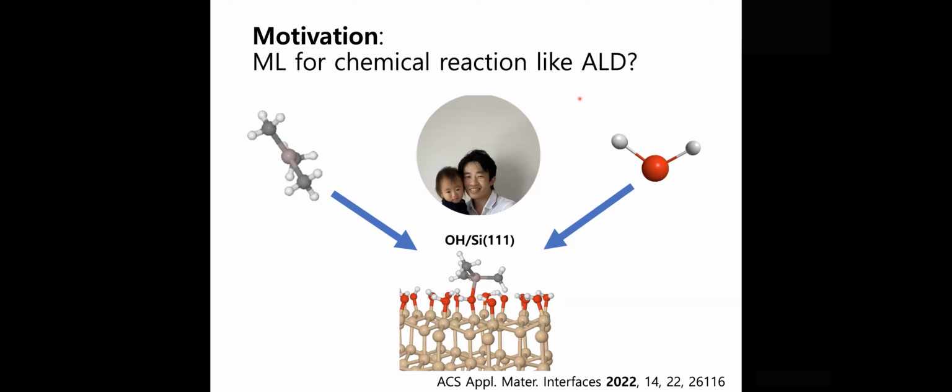And finally, we use LAMMPS to perform molecular dynamics simulations. These three programs can each do their own work, but what we really need here is an optimum data set for machine learning training. Otherwise, we're going to spend a lot of our time and effort generating data for machine learning, right?